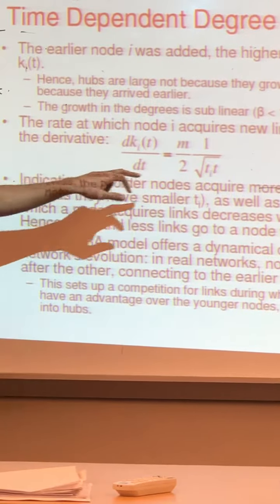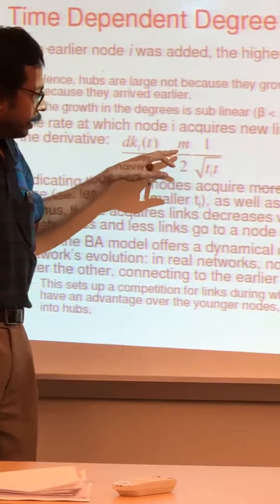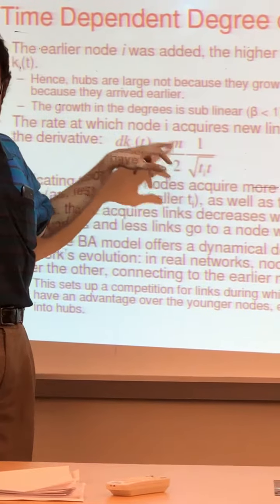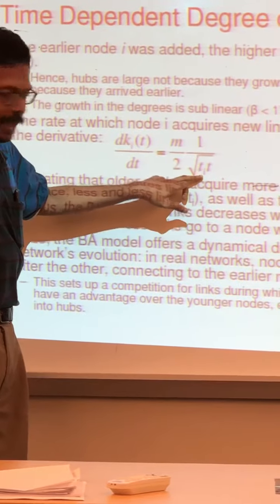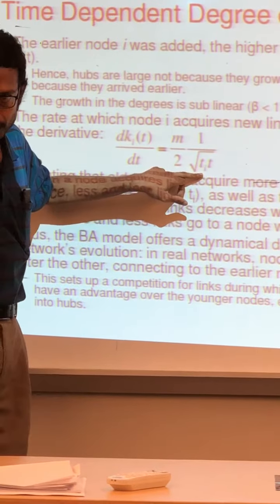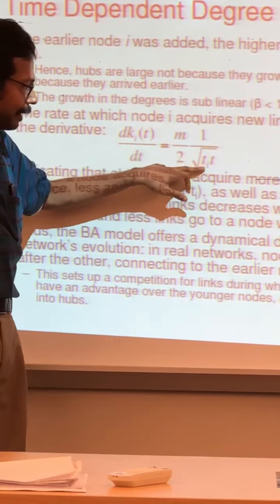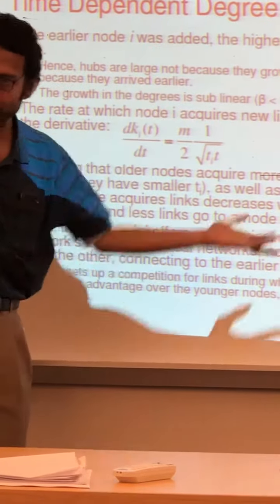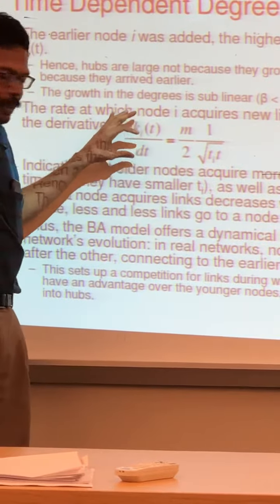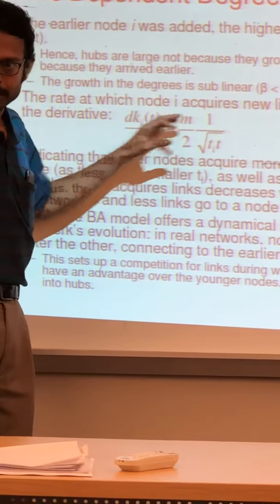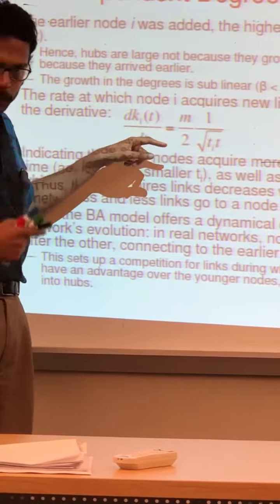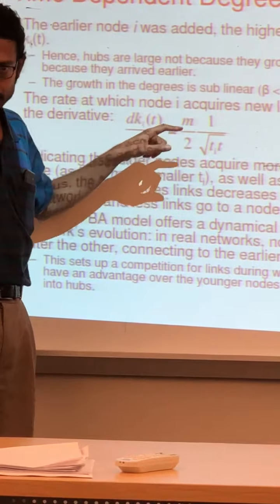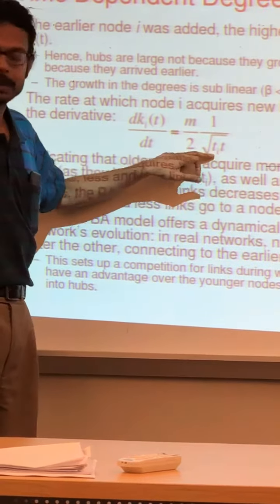And what is here? Again, t is a variable, the other two are constant, but still what you can see is that this ti is in the denominator, right? So which means if a node joins the network earlier, its degree will change faster. And this is all positive slope, like positive increase. So its degree is going to increase faster compared to a node that joined the network later.